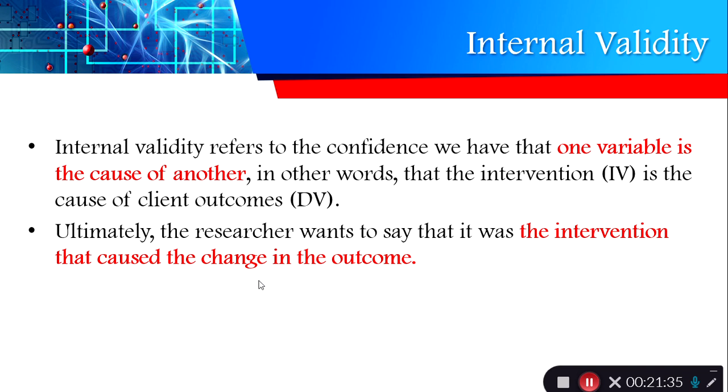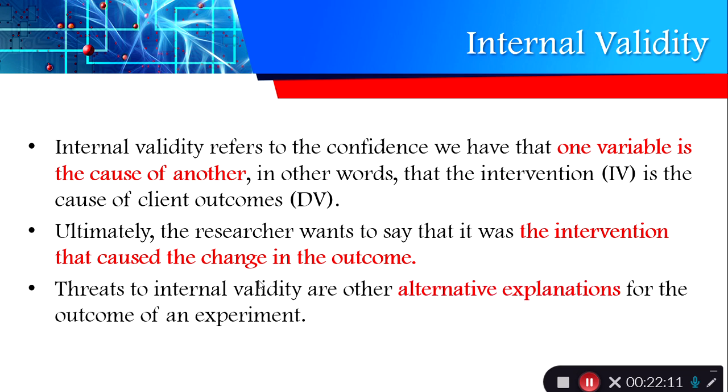One thing to keep in mind is that we always want to be able to say, ideally, that the intervention is what caused the outcome, not some other factor, some other extraneous variable or confounding variable that came into play over the course of the implementation or administration of the intervention. We want to be able to rule out all other variables and be able to say that it was indeed the intervention that caused the outcome. That's ultimately what we want to be able to say as a researcher.